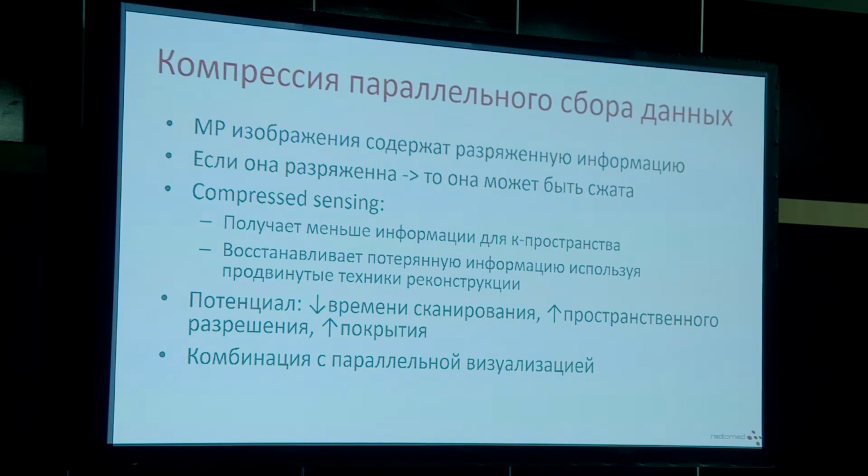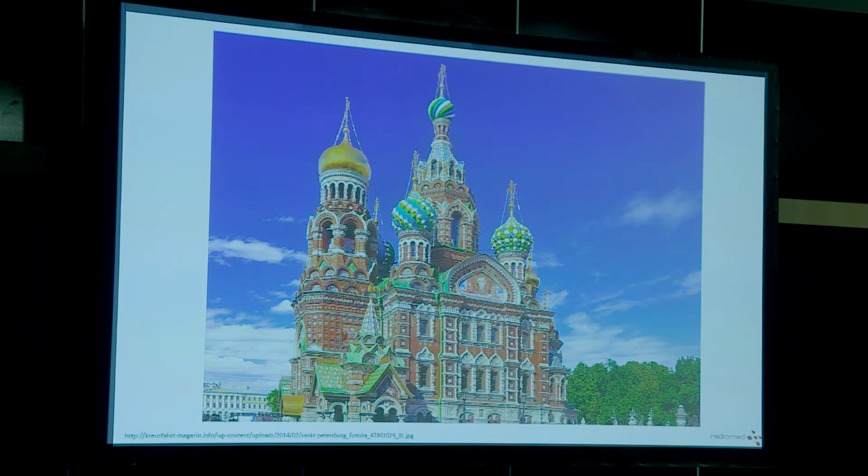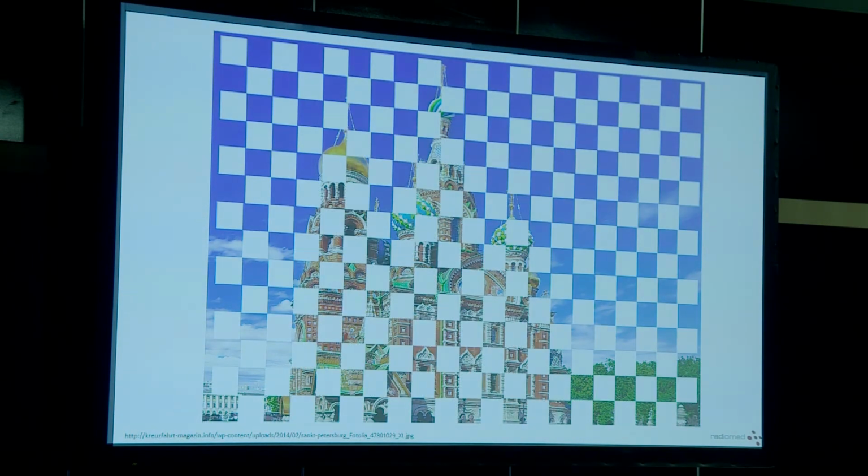Sorry, there's an image missing. Yeah, let's take this one. You probably know this building, and if you have prior knowledge about what is inside the image, then you can even reduce the information by half, and you can still depict the relevant information from that image.